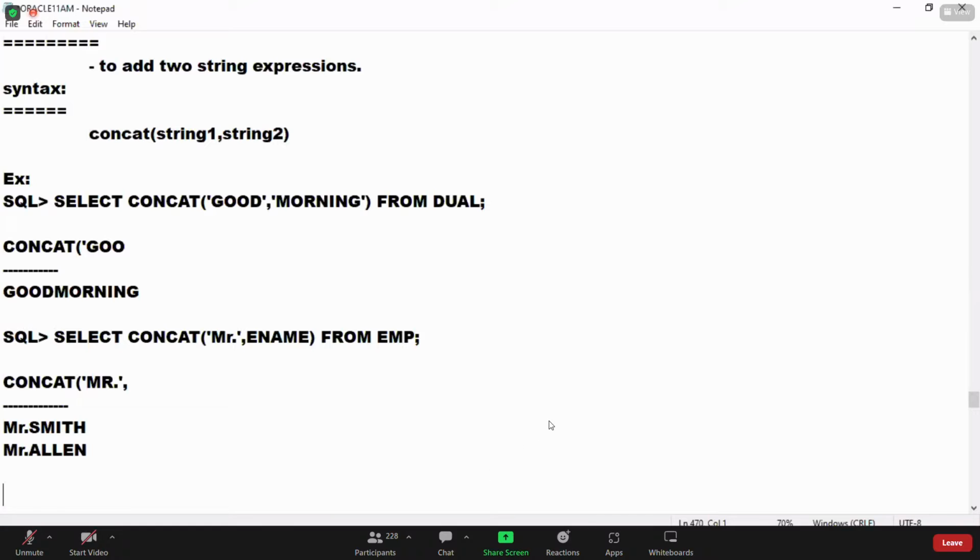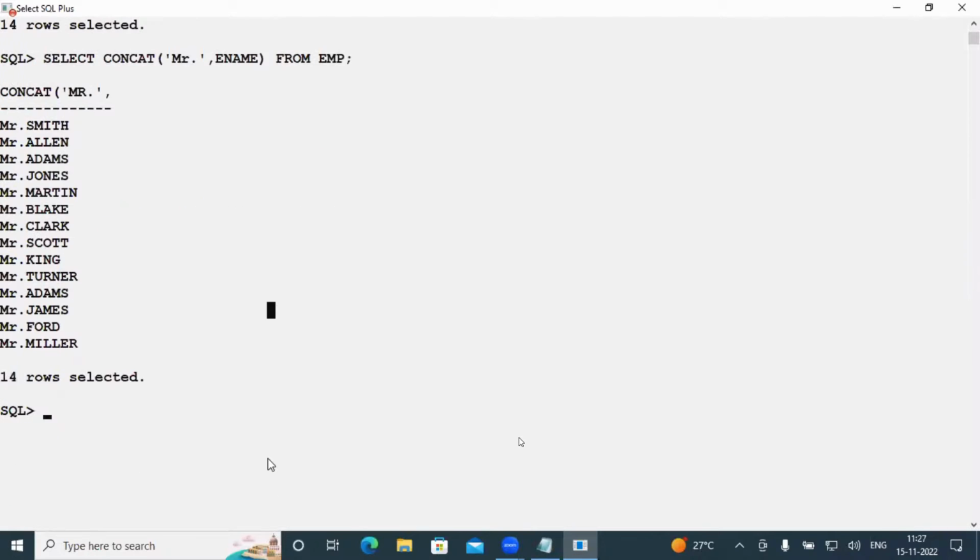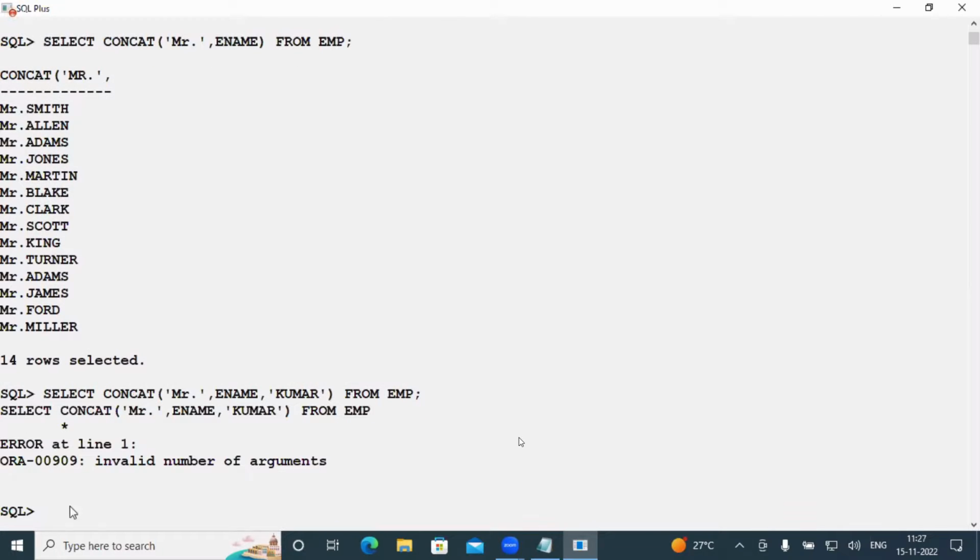Now in this concatenation, whatever two strings I was given, suppose you want to add more than two, with another comma, say Kumar, so I'm sending more than 2 and then execute. What happens here? The concat function does not allow 3 expressions: invalid number of arguments.